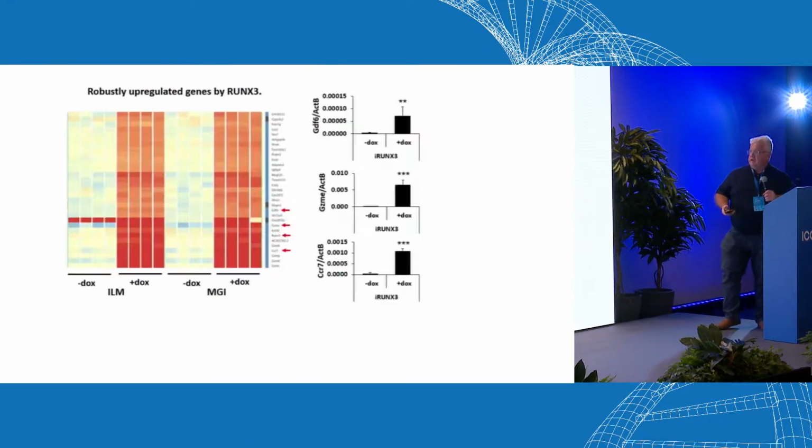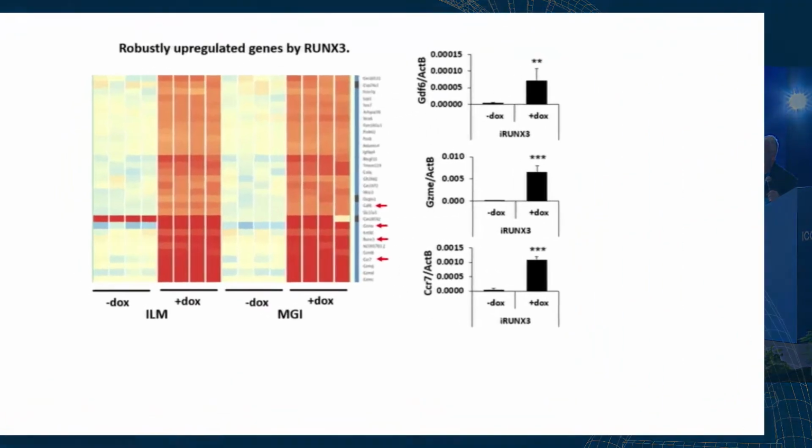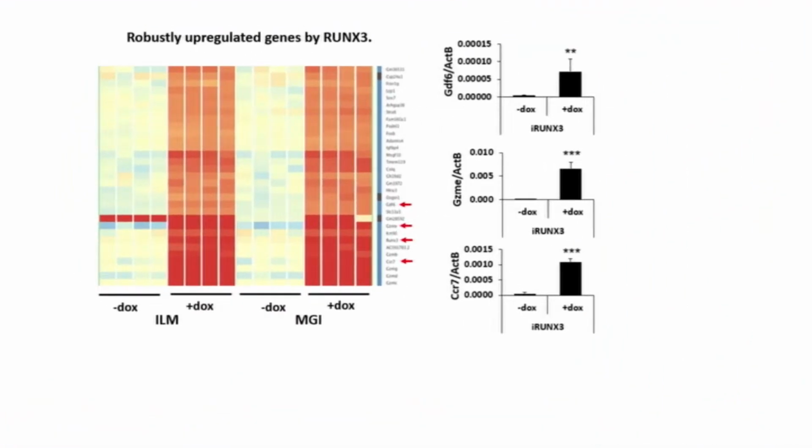If we zoom in, we can see those individual genes which were upregulated upon the Runx3 overexpression. For instance, obviously, we found that, although it's barely visible, Runx3 itself was highly expressed.